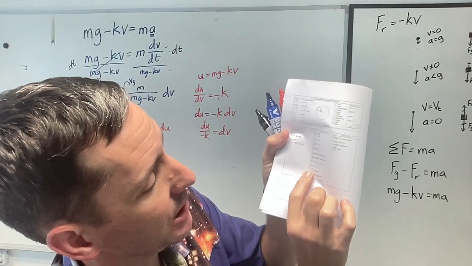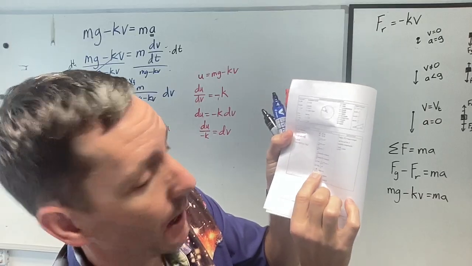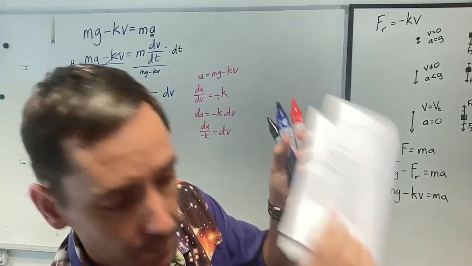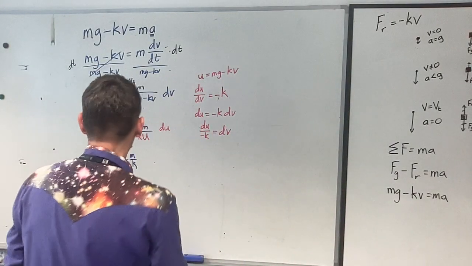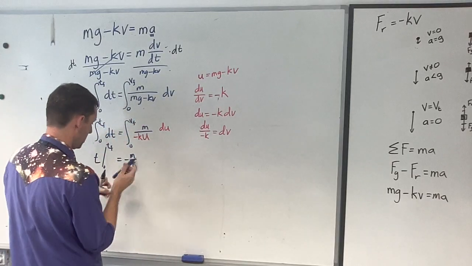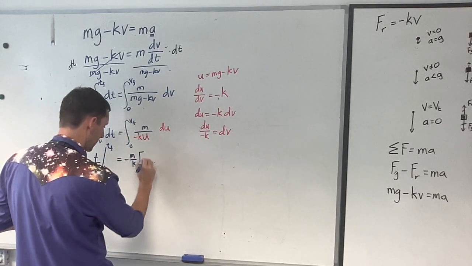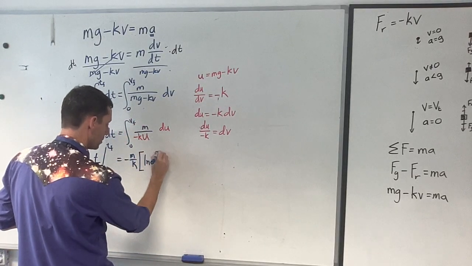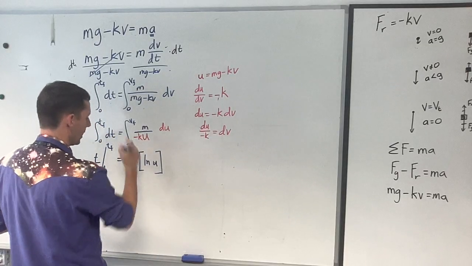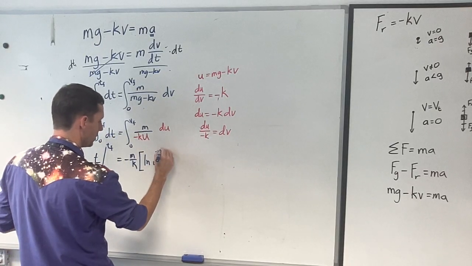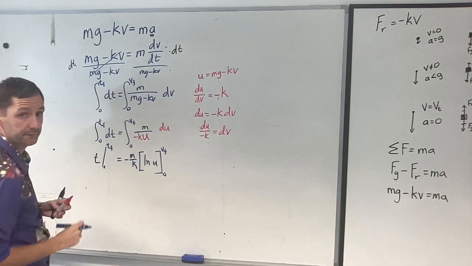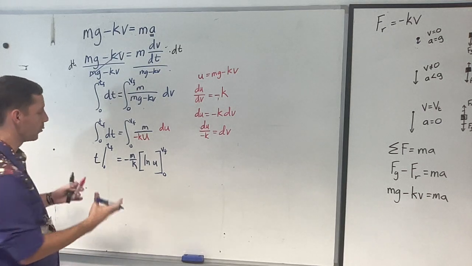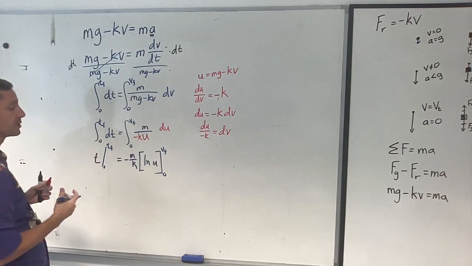So that's essentially dx over u, so that will be the natural log of u. All right, so we'll go times natural log of u evaluated from 0 to vf.